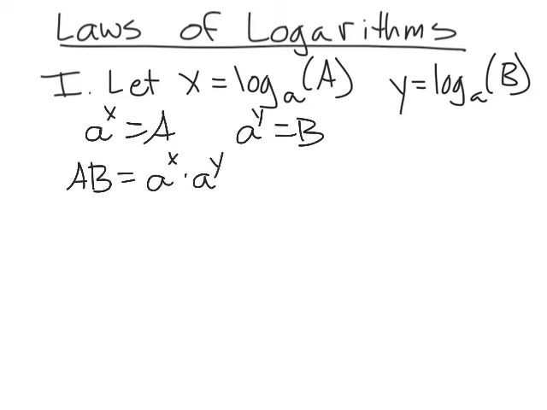I can use my monomial rules, and when I have powers of the same base, I'm going to add the exponents. So A times B is equal to a raised to an exponent of x plus y.